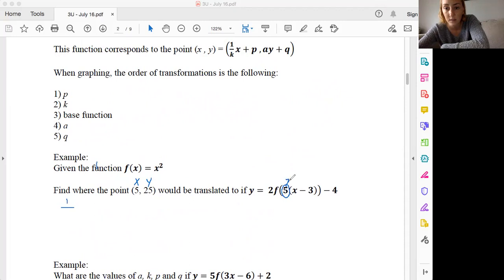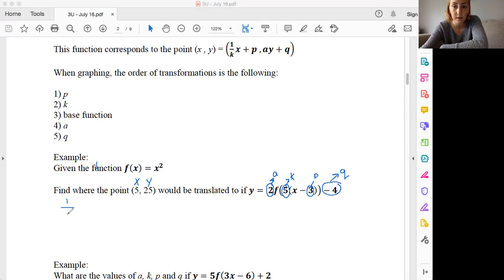So this is k, this is a, p, and q. And I circled the sign there because the sign makes a difference with the q.